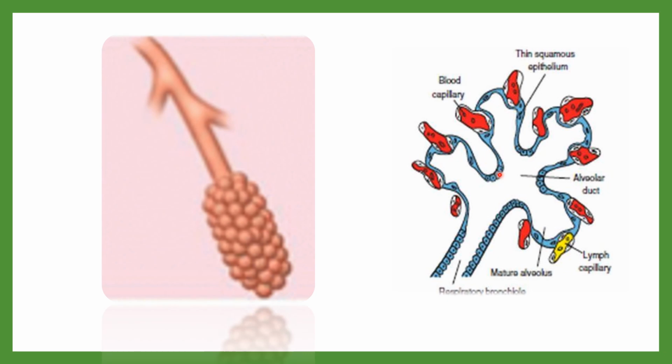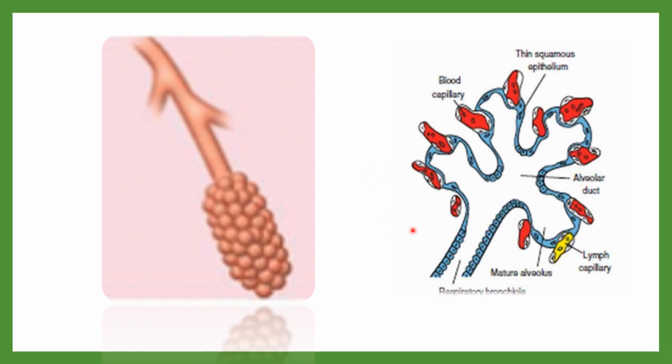This is what occurs in the mechanism of respiration. Once the surfactant appears, that means mature alveoli, that is, mature lung development occurs. Once the surfactant fluid appears, it denotes the maturity of the lung.